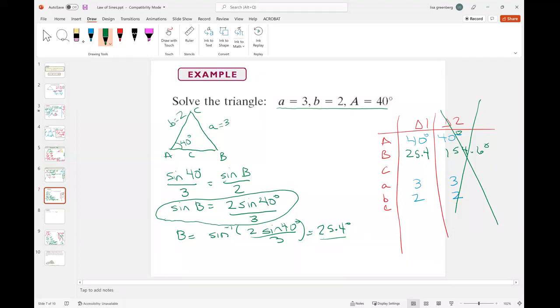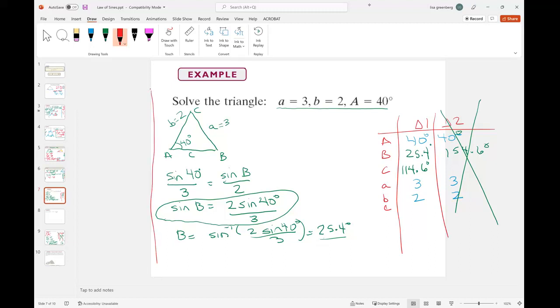So I have 40 plus 25.4, subtracted from 180, so I get 114.6 degrees. And now that I have all my angles, I could solve this all the way out. Let's see, I'll just do it over here.